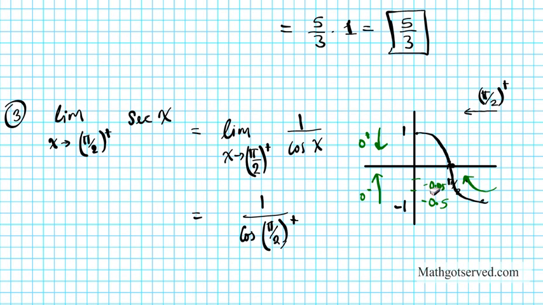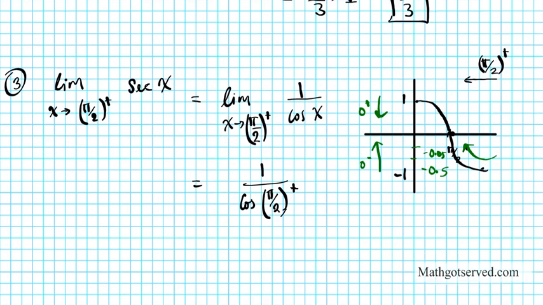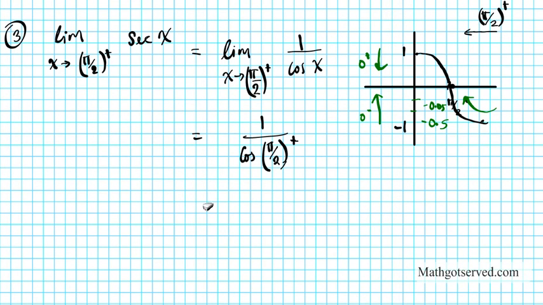So it's getting close to a really, really small negative number, okay? So 1 over cosine pi over 2, from the right, is the same thing as 1 over a very, very small negative number, since we're approaching from the bottom. I didn't mean we're approaching from the top, it would be positive, okay?